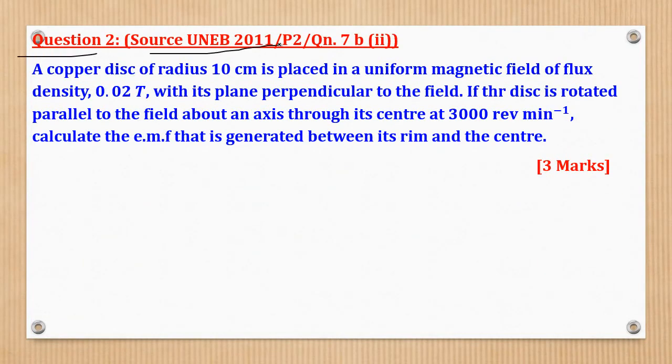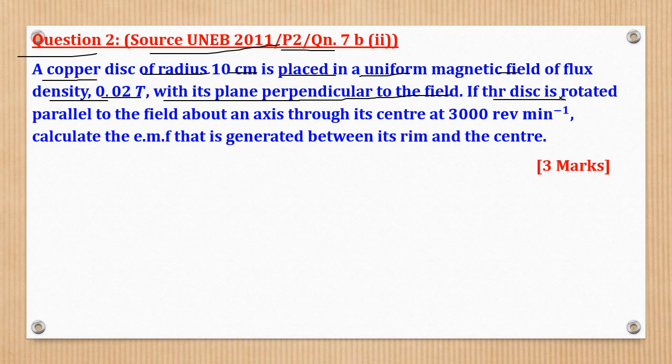Then question 2 came from UACE 2011 paper 2, question 7b, Roman 2, and says: a copper disc of radius 10 centimeters is placed in a uniform magnetic field of flux density 0.02 Tesla with its plane perpendicular to the field.